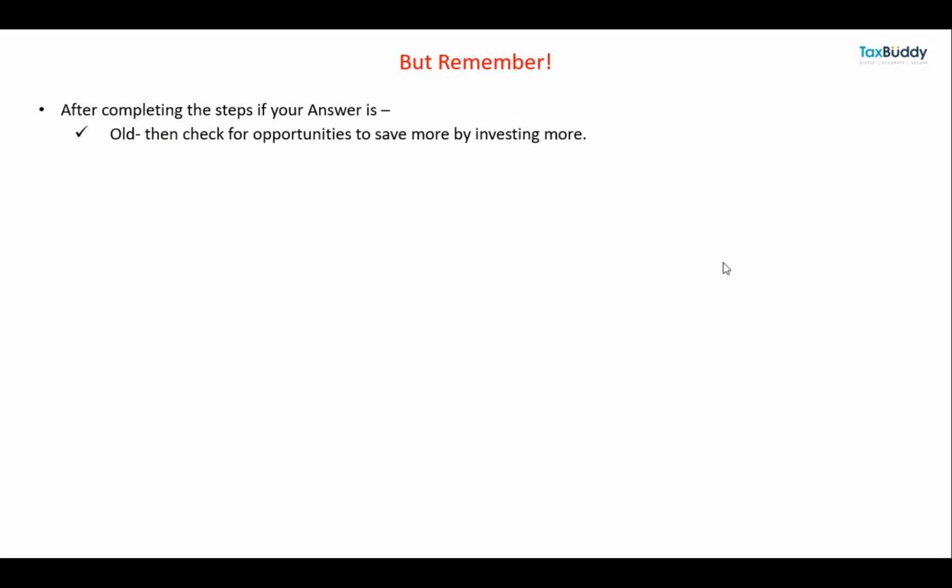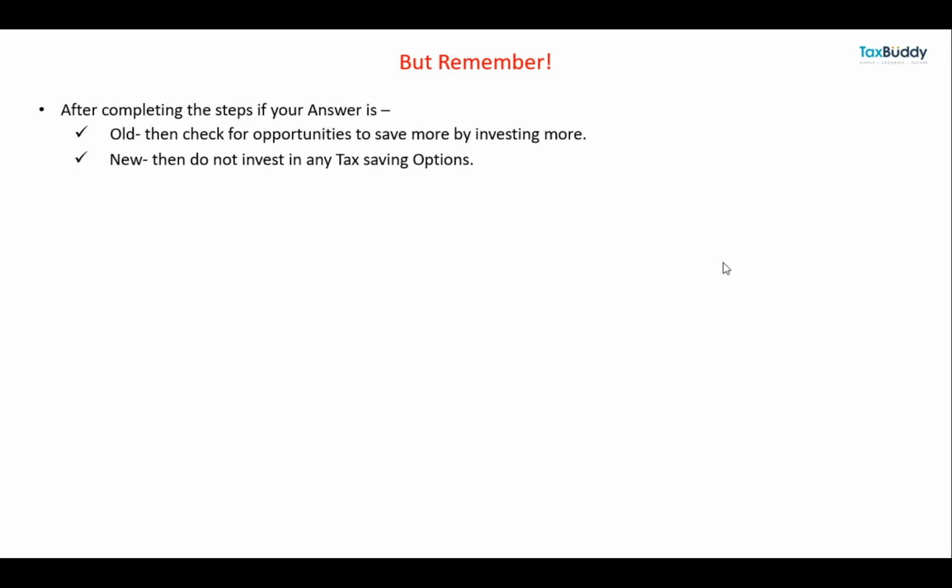But remember, following are a few important points that you need to take into account. After completing these steps, if your answer is old, then check for opportunities to save more by investing more. For this, you can download our app taxbuddy.com, in which you can use the tax planning features, where you will get the list of opportunities based on your current investments to save more taxes.